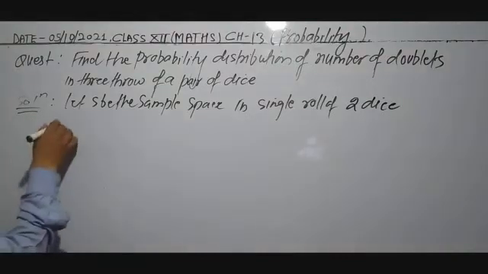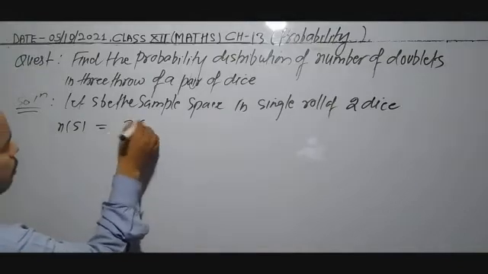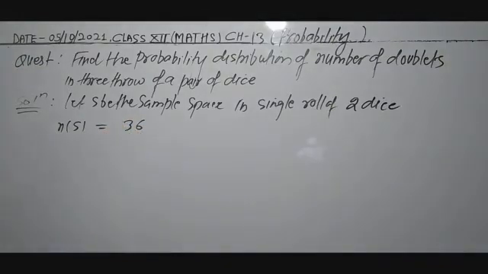Now n(S) is 36: 1 1, 1 2, 1 3, 1 4, 1 5, 1 6, 2 1, 2 2, 2 3, 2 4, 2 5, 2 6, and so on.